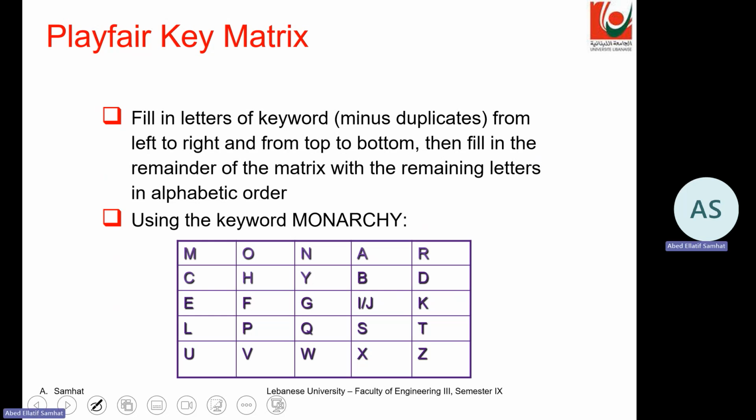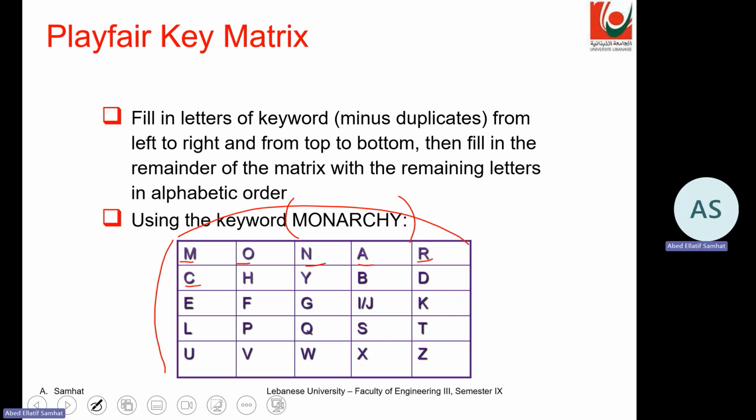As we said, we have a secret key, and the objective here is to construct the keyword. So let's say we are using the secret key monarchy. So the objective here is to try to build the 5 times 5 matrix. So we put a matrix 5 by 5, and we put monarchy.